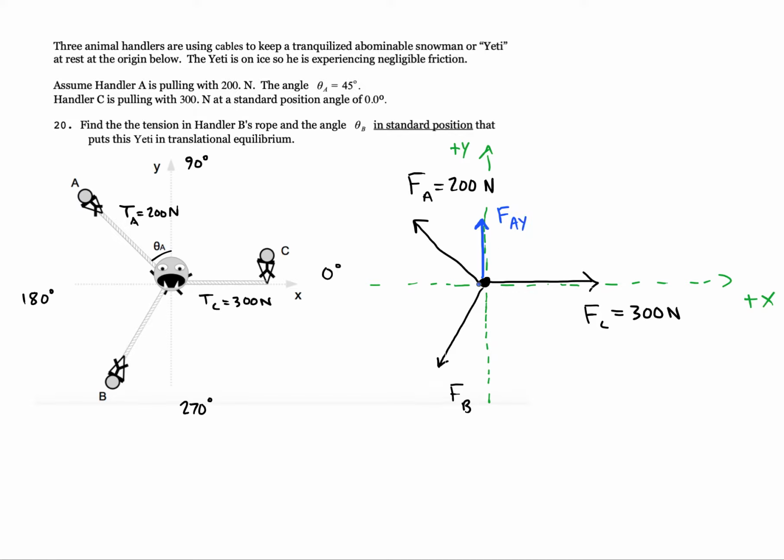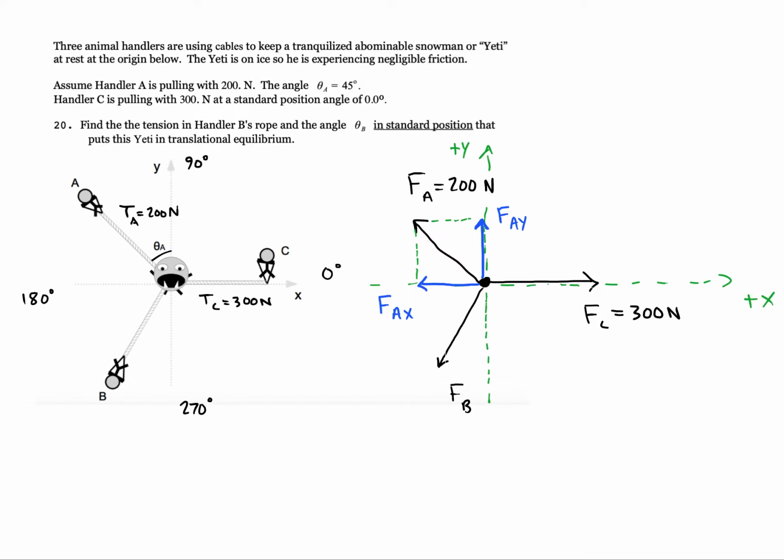Then over here you want to do the same thing, and we'll call that FAX, but you go as far left as that vector's head does. It should be that you created a rectangle with your components.